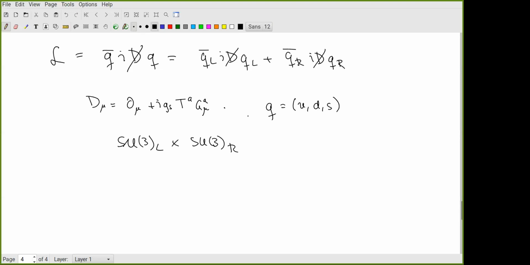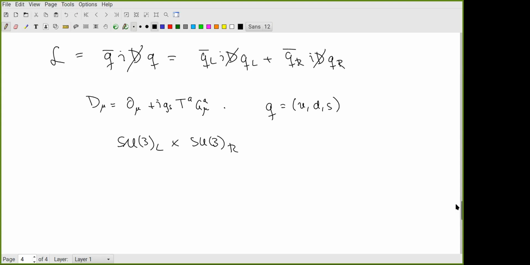And now there's one complication: this symmetry is spontaneously broken. And for a spontaneously broken symmetry, there are Goldstone bosons. So for each generator of the symmetry that is broken, there's a massless or light degree of freedom, which is called a Goldstone boson. And there's just a way of writing the QCD Lagrangian in terms of these Goldstone bosons.